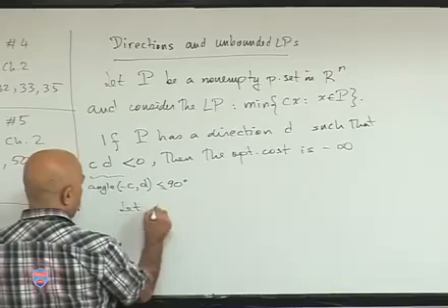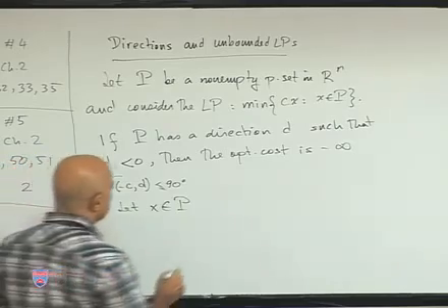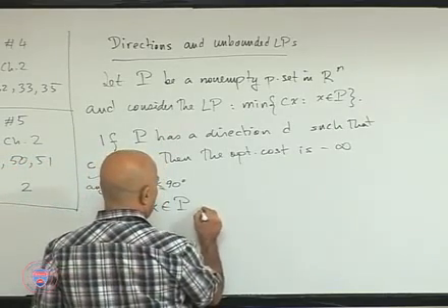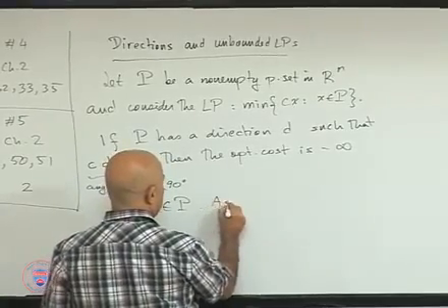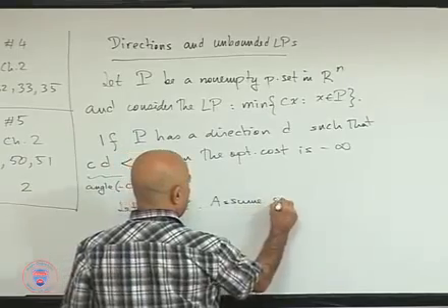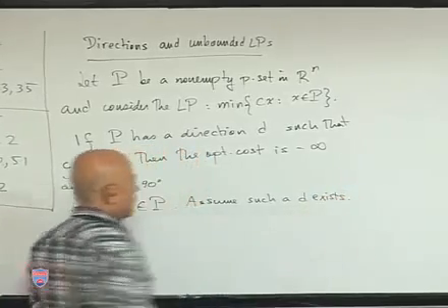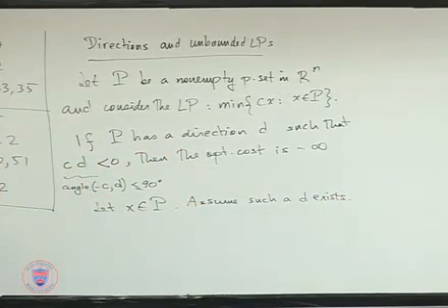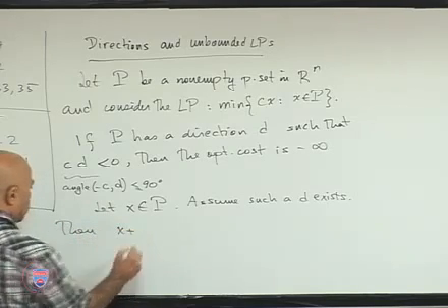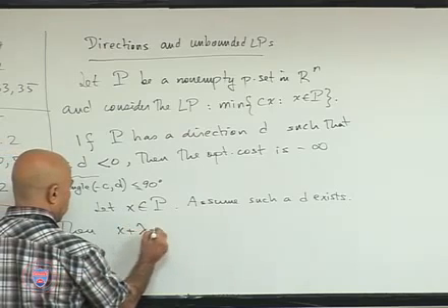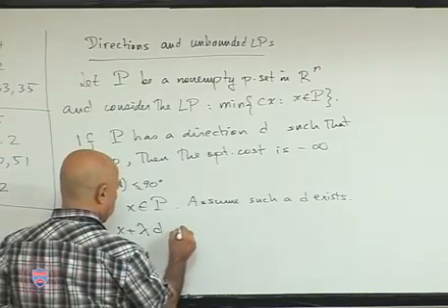So let X be a point in the polyhedral set P. Assume such a D exists. Of course, D by assumption is non-zero. Then a feasible point X plus any non-negative multiple of D is also feasible.